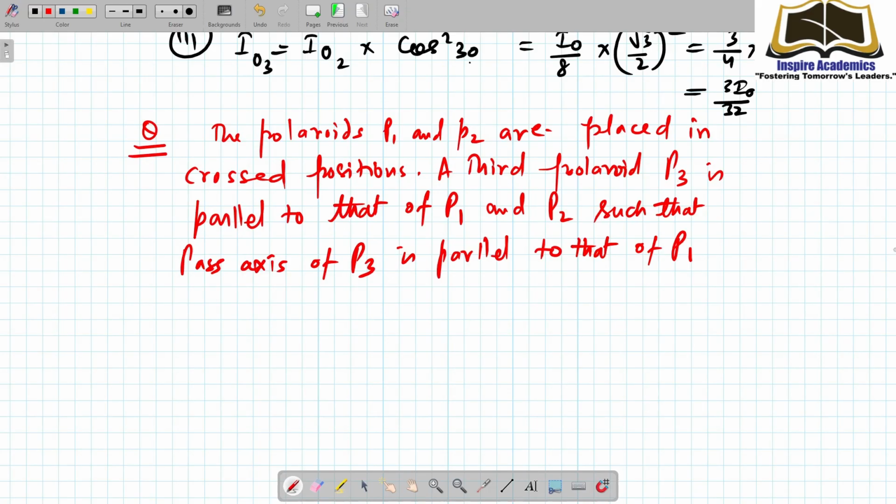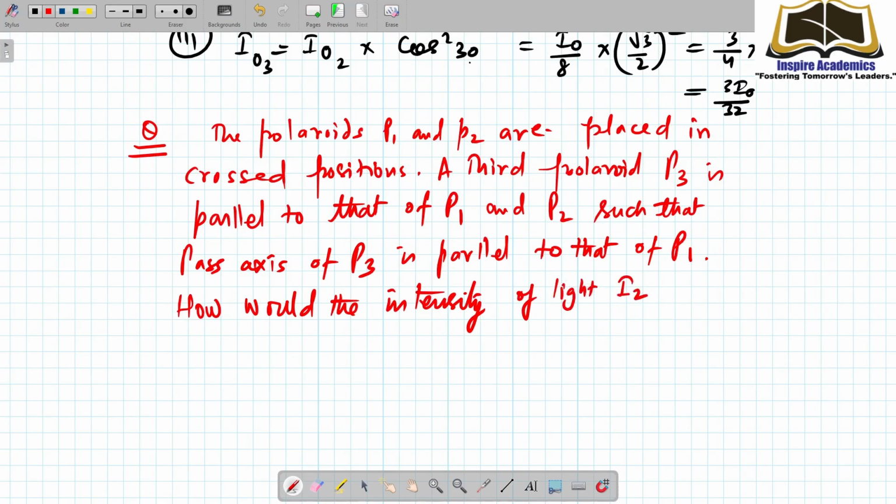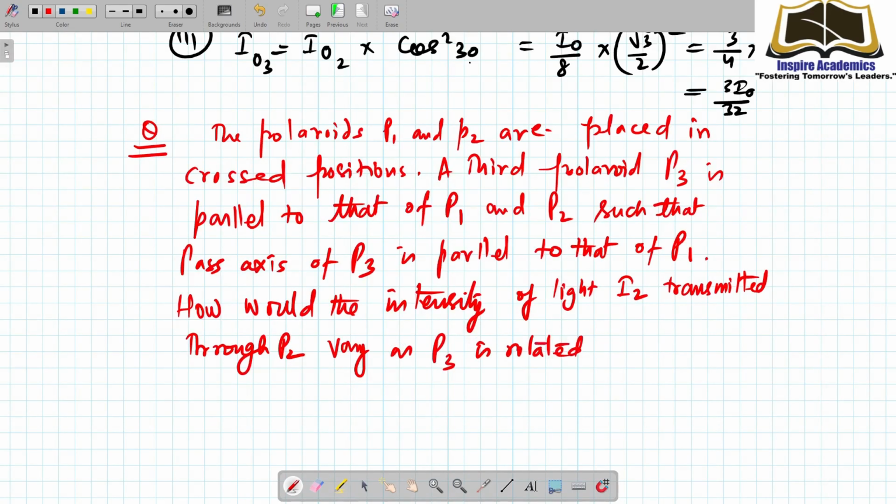How would the intensity of light I2 transmitted through P2 vary as P3 is rotated?